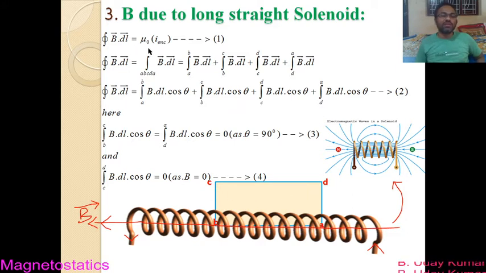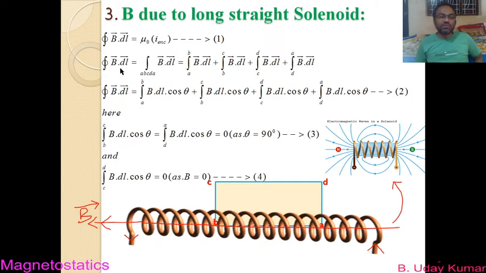So this is our Ampere's law: the line integral of the magnetic field around a closed path or loop is equal to mu0 times the current enclosed by the loop. Since the closed loop that I have considered is in the shape of a rectangle, it has four sides, right? Since it has four sides, this entire integration can be split into four parts, and each part represents the line integral of the magnetic field along one side.